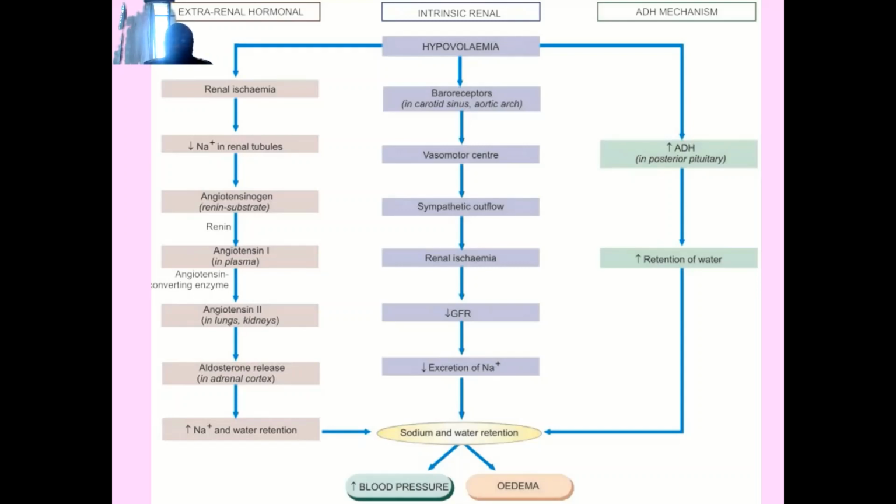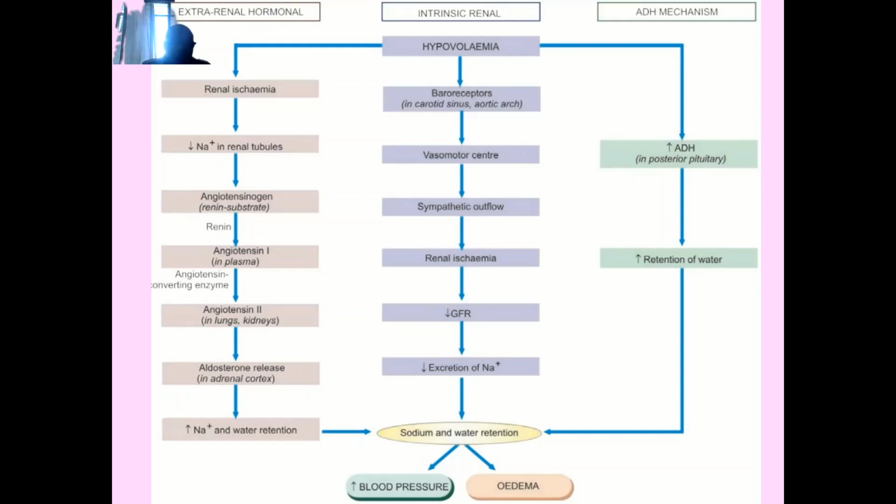So in the extrarenal hormonal pathway, in this case there is renal ischemia. The blood flow to the kidney is reduced, and in this case there is reduced sodium in the renal tubules. If there is reduced sodium in the renal tubules, then the macula densa cells sense that there is less, or there are other sensors which sense the amount of sodium in the renal tubules, and then tell the system to start activating the renin-angiotensin system.